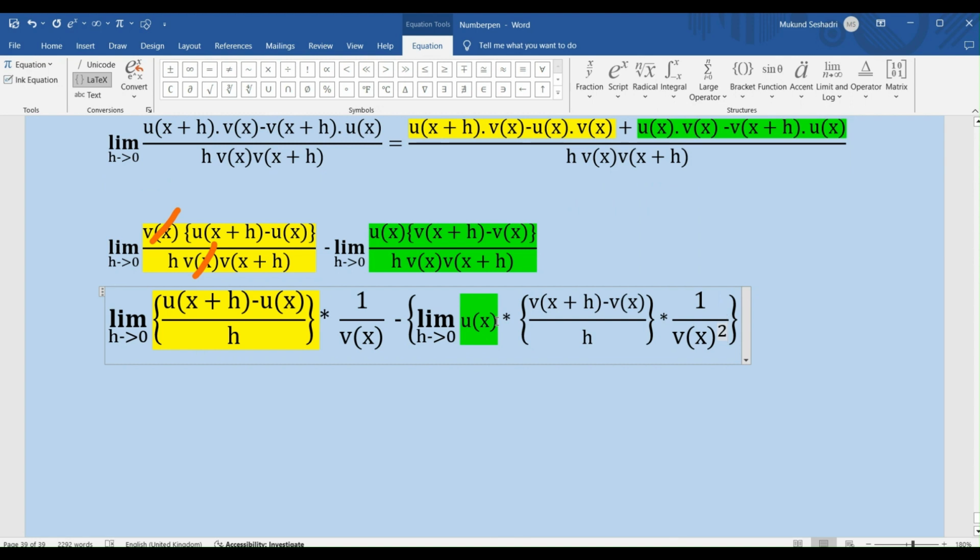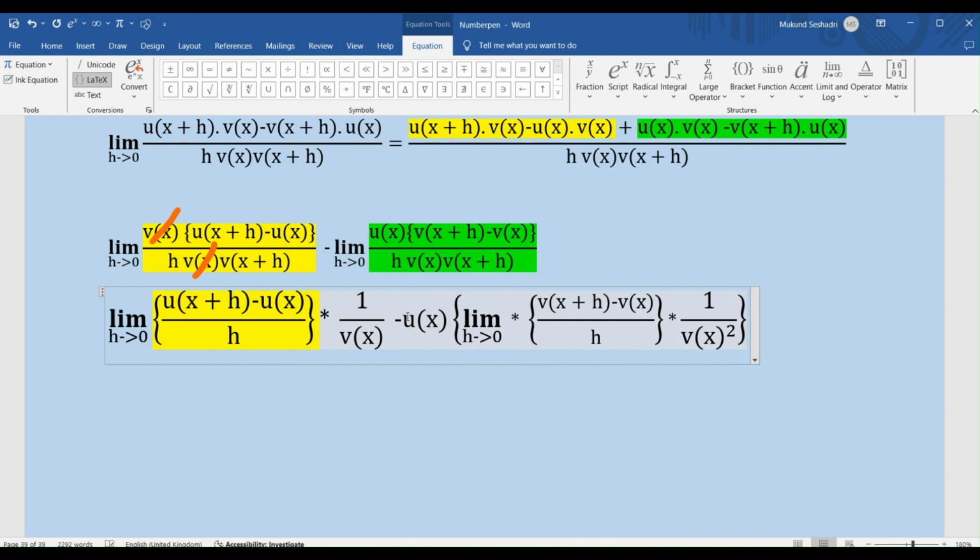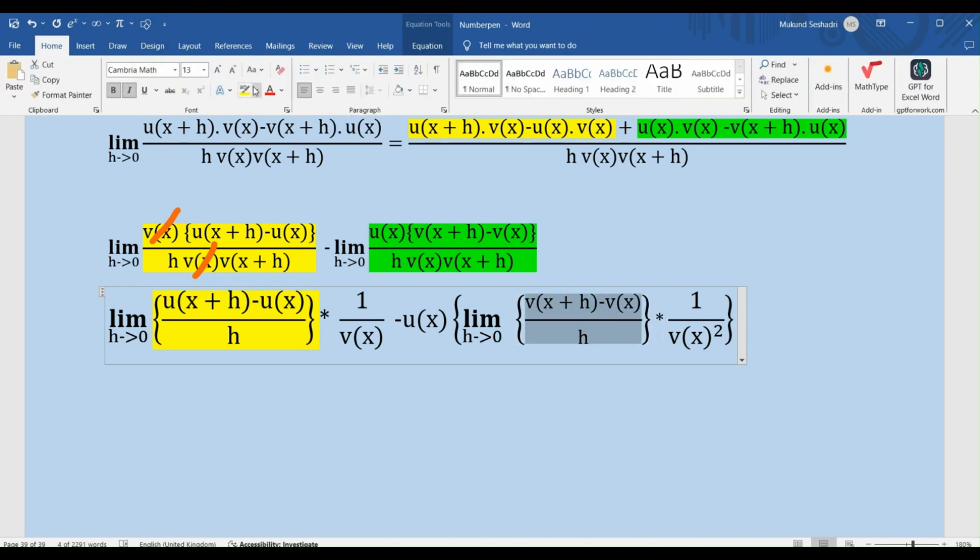Similarly, my u of x is also independent of h, so I can pull this out and call this out here, u of x. And then this expression, let me highlight it by green, is nothing but my v dashed of x.